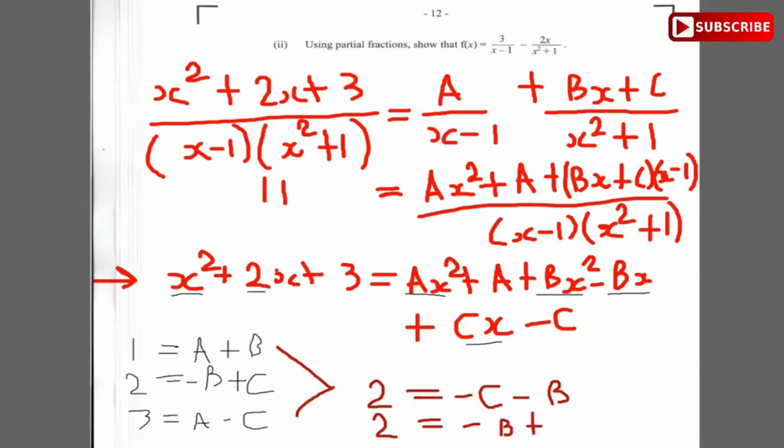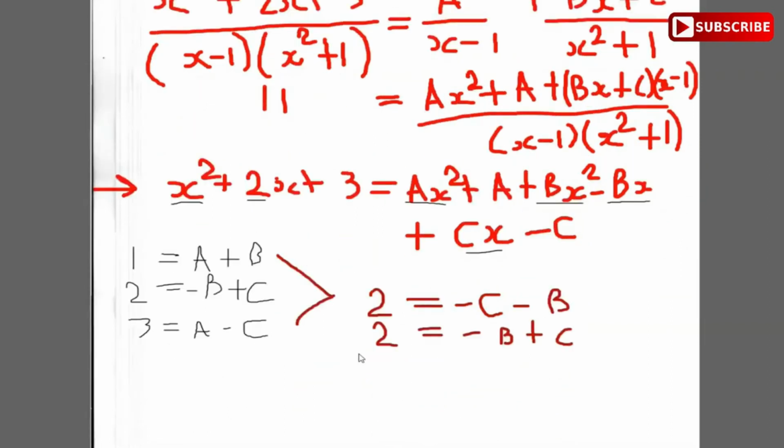Nice. So that means if I add these two equations, what's going to happen? 2 plus 2 is 4. And so 4 is equal to minus c plus c gone, and so 4 is equal to minus 2b. And so if 4 is equal to minus 2b, then b is equal to negative 2.